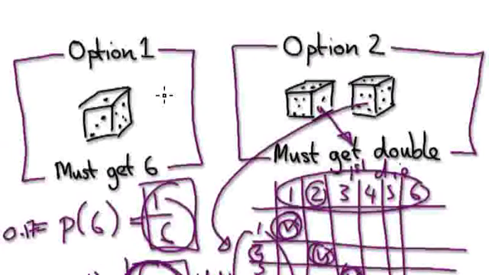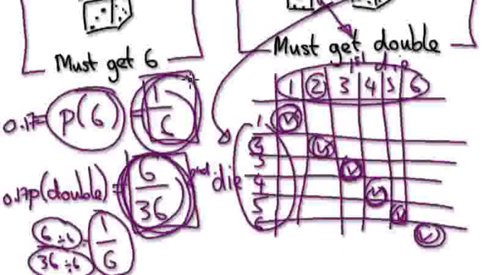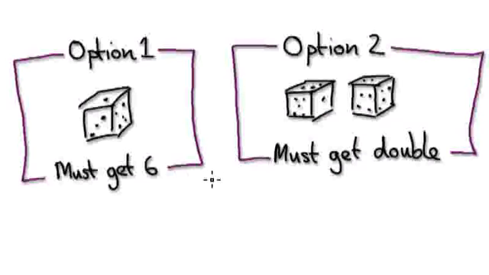Let me just summarize. The probability of us getting a 6 is 1 over 6. The probability of us getting a double is 6 out of 36, and it turns out that these two are actually the same. So the probability of you winning with option 1 is 1 out of 6.